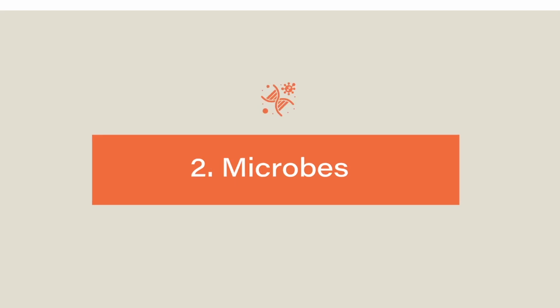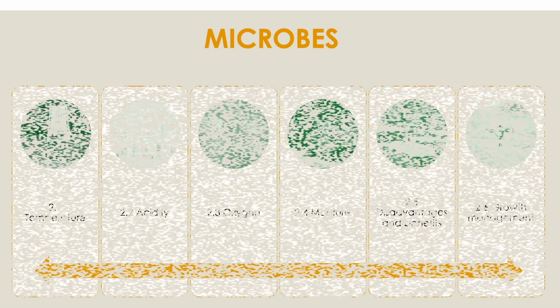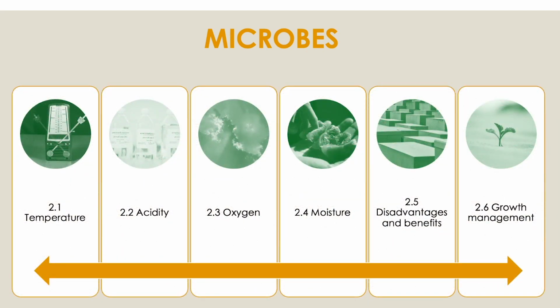The second topic is microbes, and this is a very important section that you need to know. In microbes, there are 6 categories that you need to know, including temperature, acidity, oxygen, moisture, disadvantages and benefits of microbes, and also growth management in the hygiene industry.